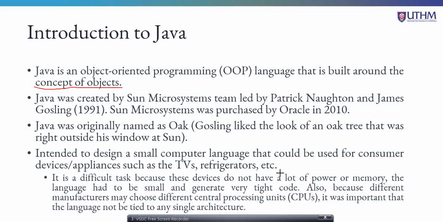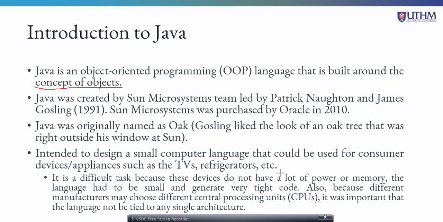They created Java because they had difficulties creating a standardized language that could fit most of the appliances. It is a difficult task because these devices do not have a lot of power or memory, so the language had to be small and generate very tight code.